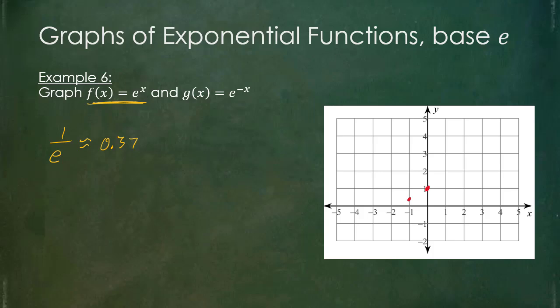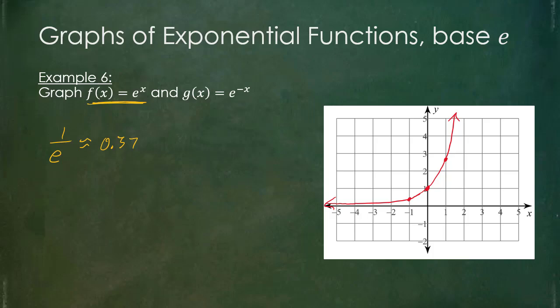at -1, and then 1 is at whatever the base is. Well, the base of e is approximately 2.72-ish, so I'm just going to go a little bit more than 2.5. And if I were to square e, it would become a little bit larger than this grid allows. So this one, as far as the graph is concerned, would look just like this. Again, is that perfect?